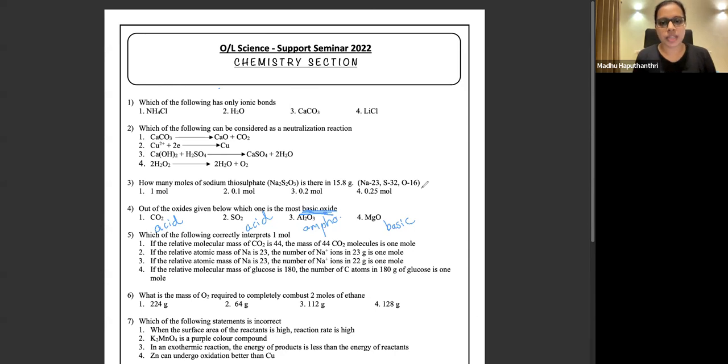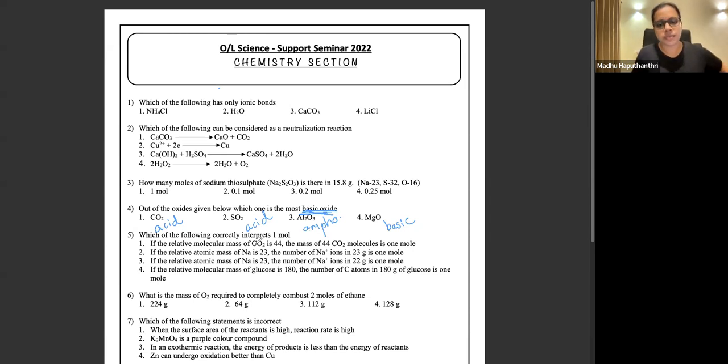So if you align them in a certain order, least basic means most acidic. So then I'm asking for the most basic one. So this is out because it's acidic. This is also acidic.